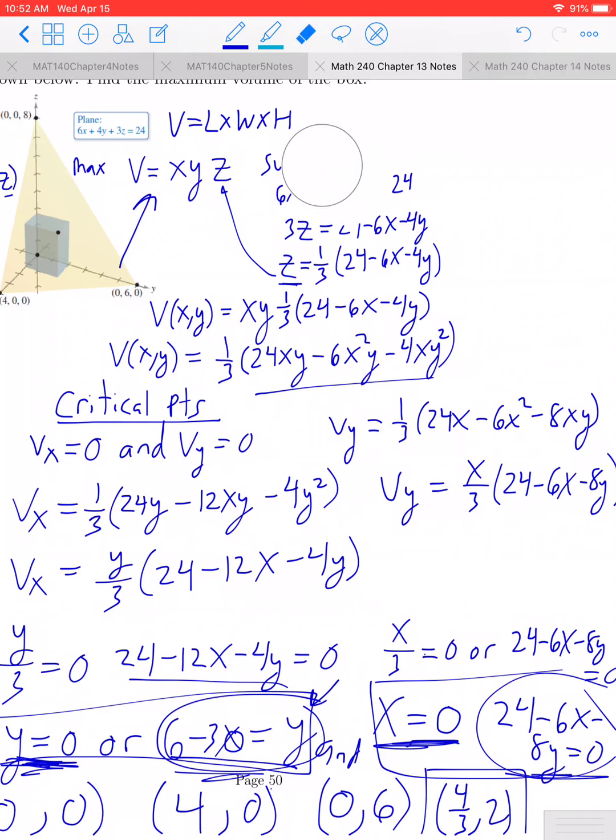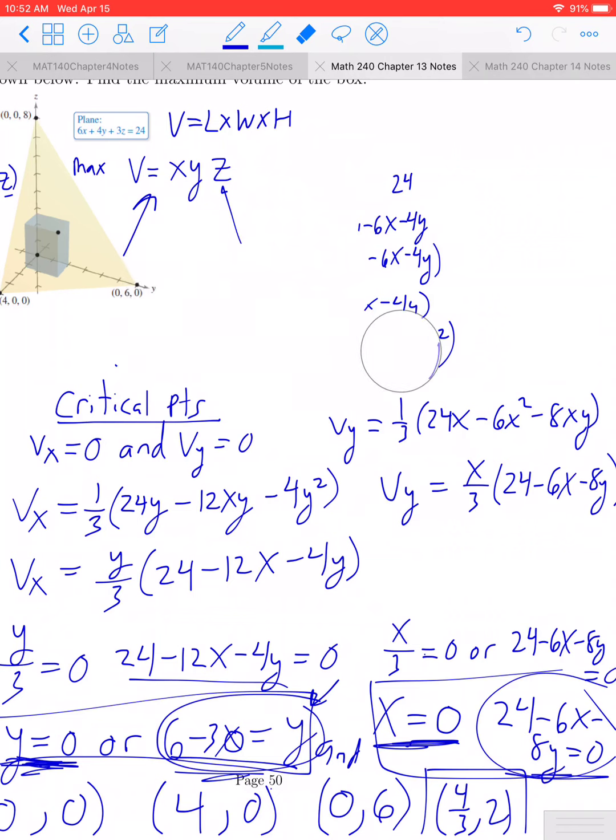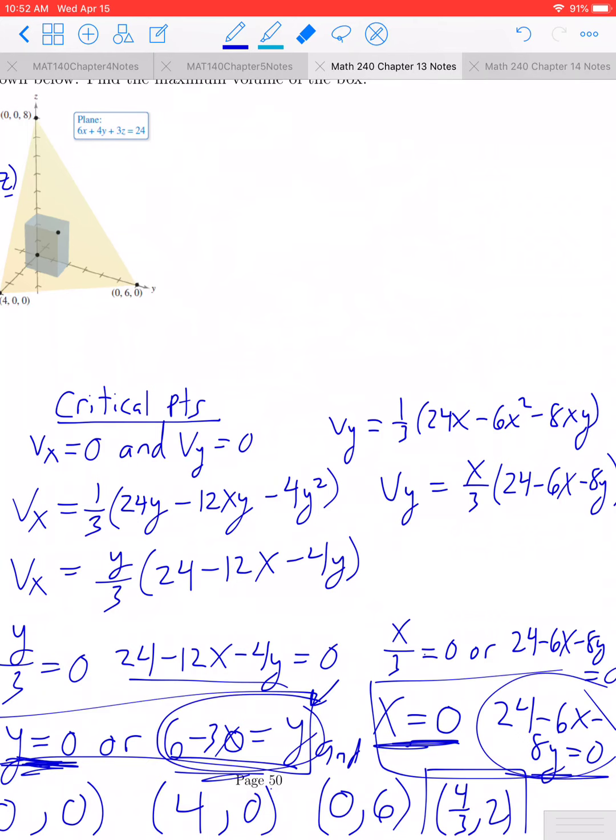To do that, we want to check our D value from the last section. To see whether we have a relative max or relative min, we need to check this value D. The formula for that, if you recall, is the double partial with respect to x, times the second partial with respect to y, minus the mixed partial squared, evaluated at the point.